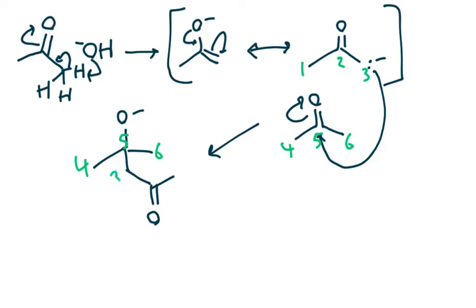This will have to be 3, 2, and 1. So it's a little weird how it connects, but it's the same basic principle, and then all we have to do is protonate.